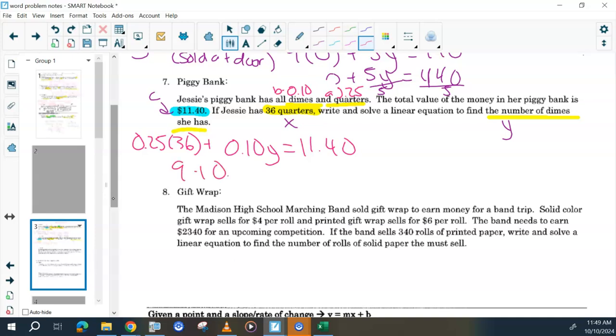I don't know what y is yet, but I'm going to solve for it. Subtract your 9 on both sides.